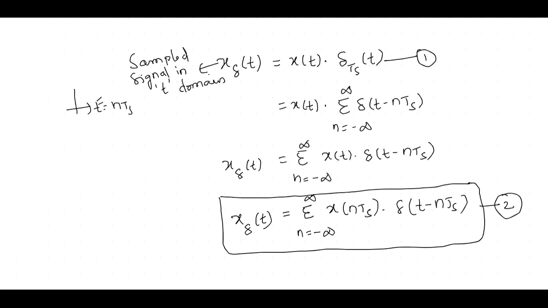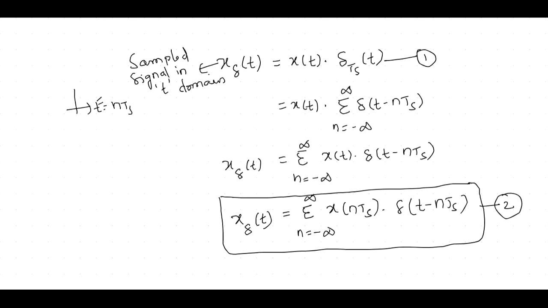In the procedure, we took the input signal, we took a train of impulse function, and next we multiplied them. This multiplication of the input signal with the train of impulse function is known as the ideal sampling technique. You can write the statement here: equation 2 represents the ideally sampled signal in time domain.